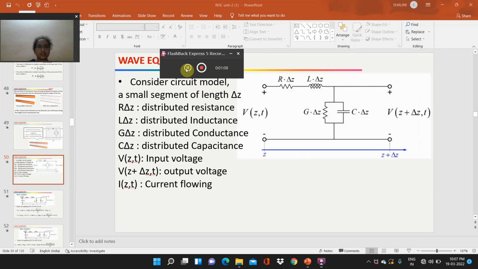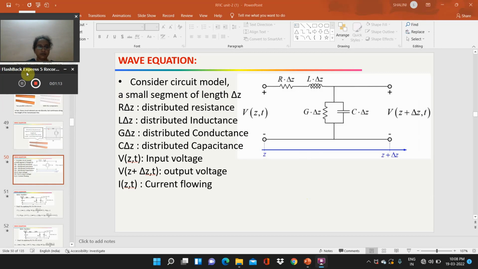Consider the circuit model of a small segment of length delta Z: R delta Z distributed resistance, L delta Z distributed inductance, G delta Z distributed conductance, C delta Z distributed capacitance. V of Z comma T is the input voltage, V of Z plus delta Z comma T is the output voltage, and I of Z comma T is the current flowing.